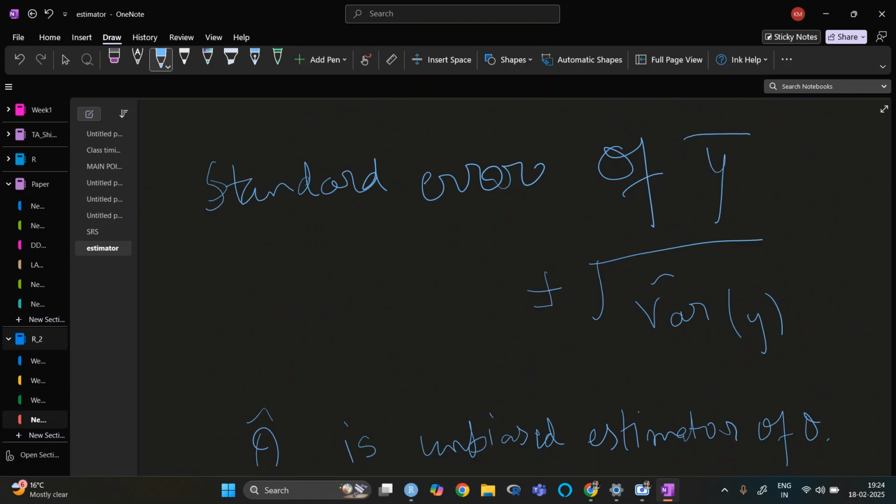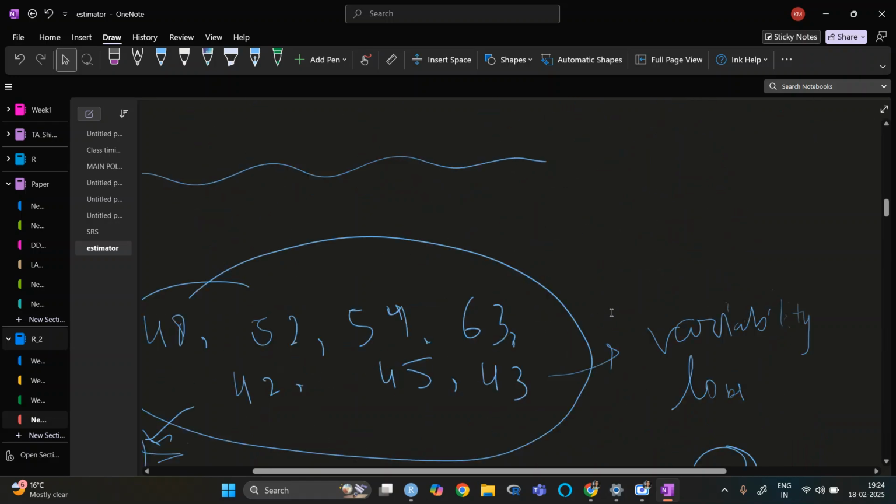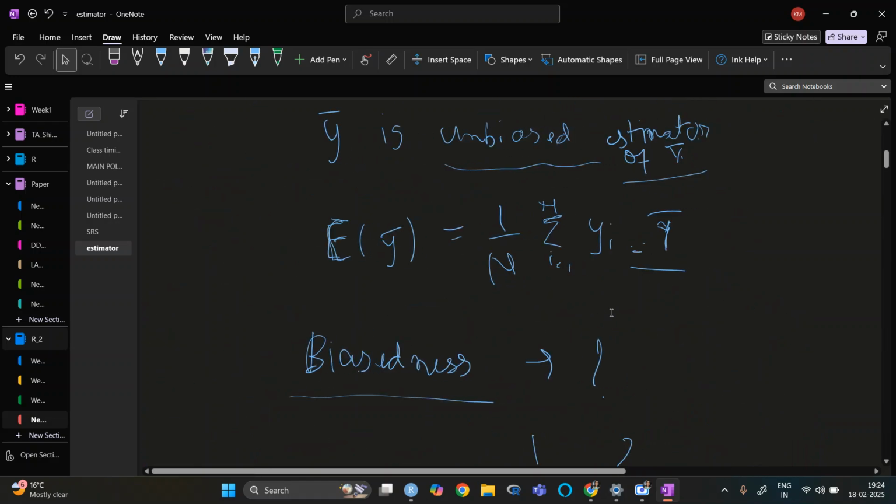This also means that the estimators we have for sigma square and sigma are different: sigma square is for variance and sigma is for standard deviation. So sigma does not have the same property as the variance of y. This is basically what we have learned in today's class.